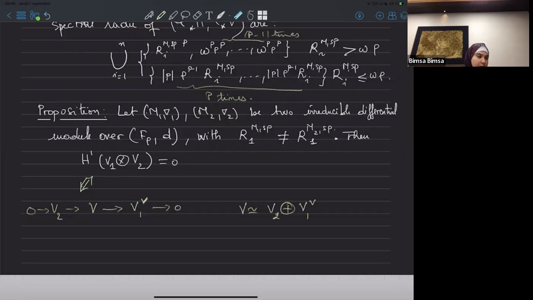The idea is, if the two are small, then we can apply the previous result.